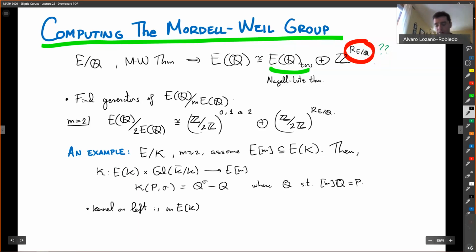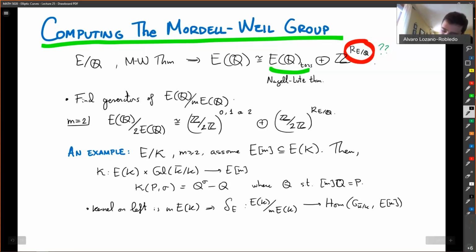We also figured out the kernel on the right, but the kernel on the left is M times E(K), and therefore we get a map delta_E from E(K) modulo M·E(K) that goes into the Homs of the Galois group into E[M], such that delta_E of P, the Hom that you get, when you apply it to sigma, you get kappa of (P, sigma).